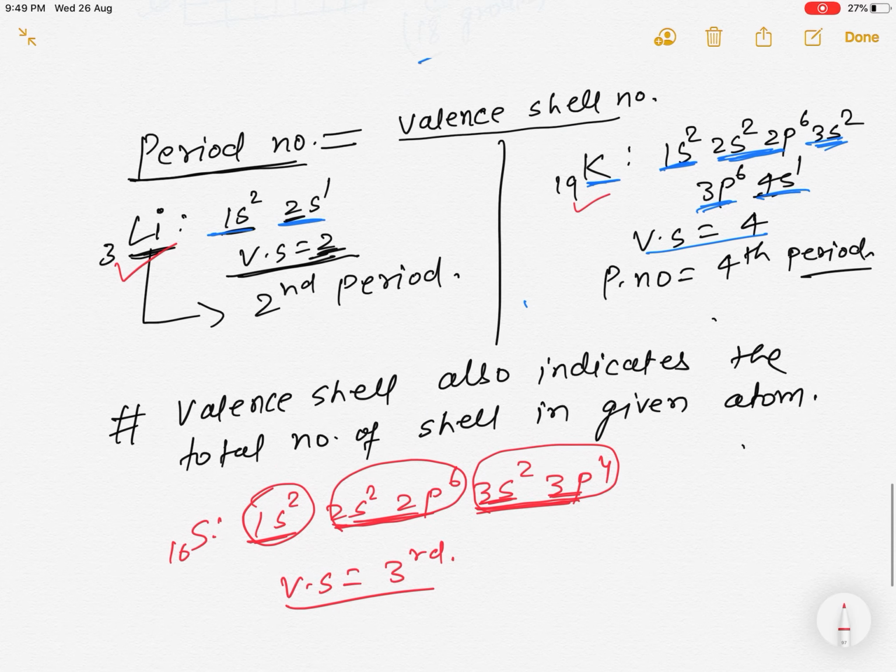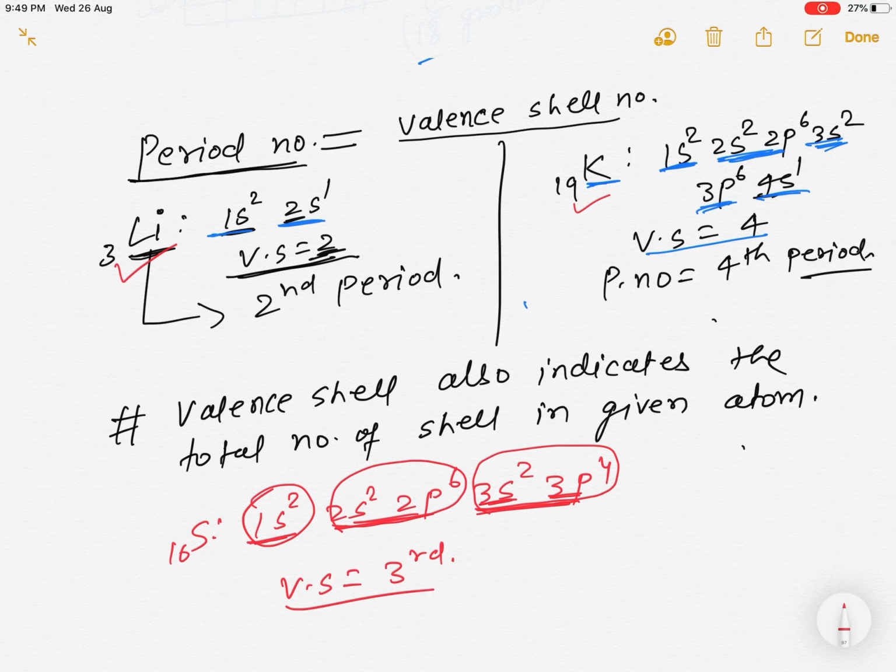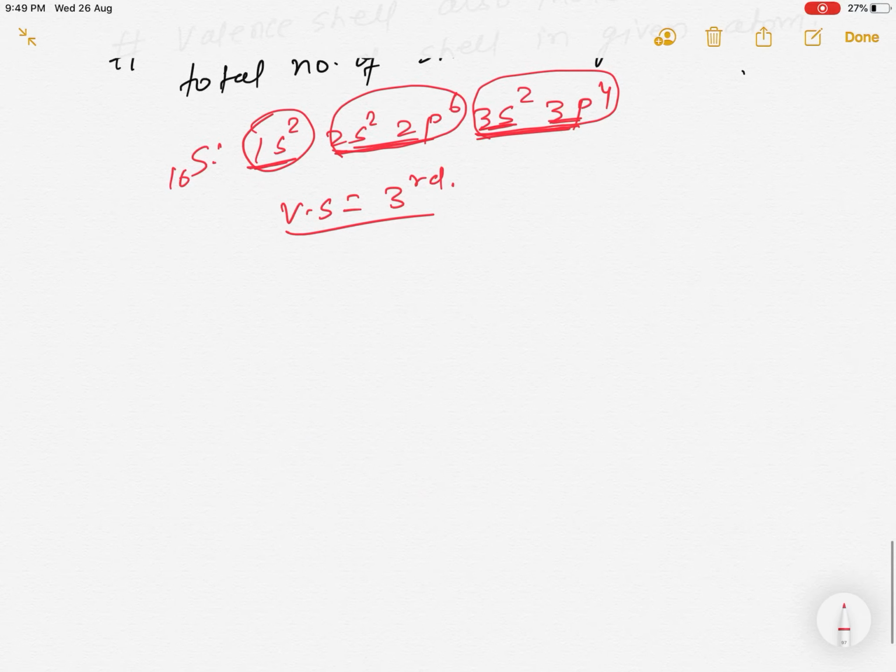So since you can see that the period number is equal to the valence shell number, suppose I take these elements: lithium, beryllium, boron, carbon, nitrogen, oxygen. Let's try to write their electronic configuration.